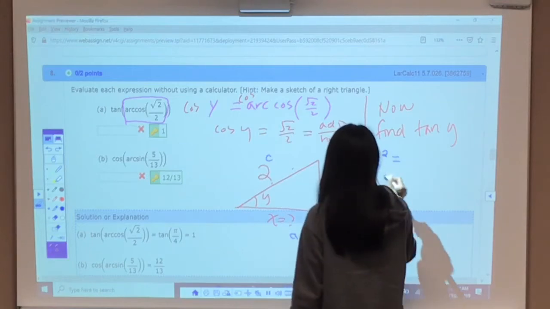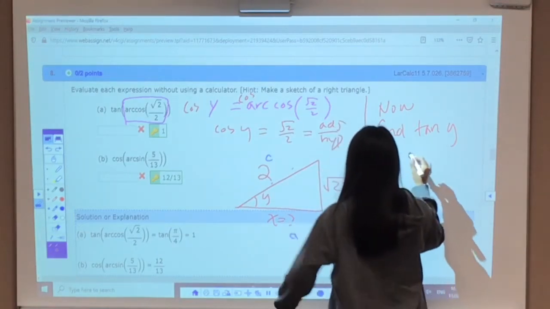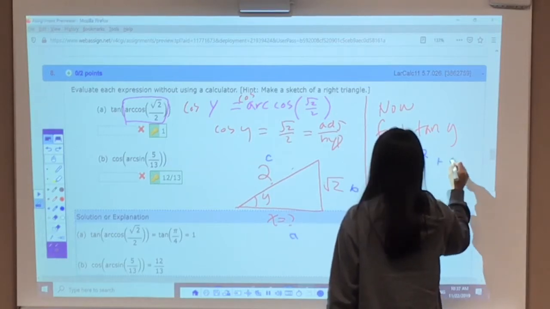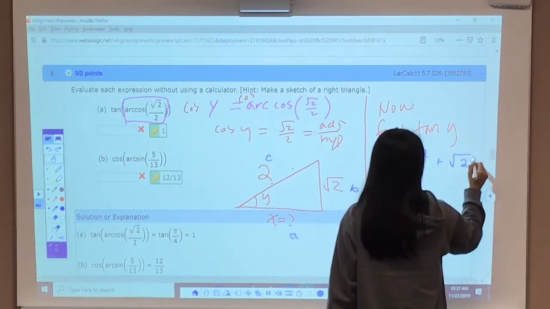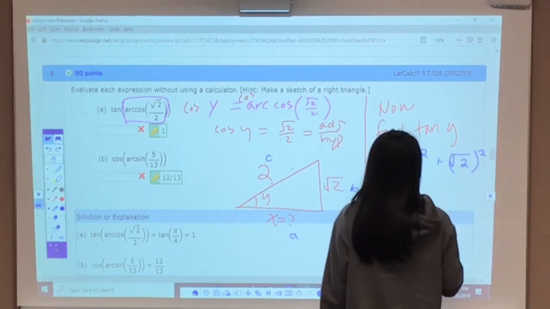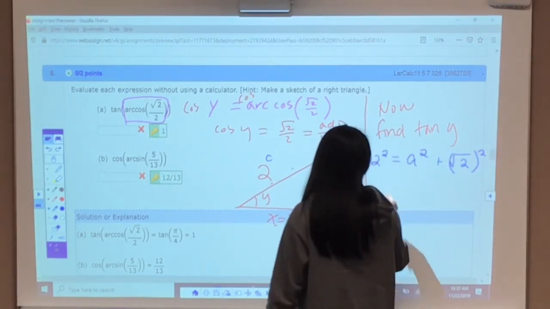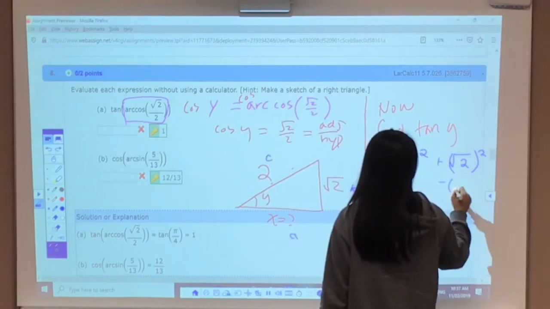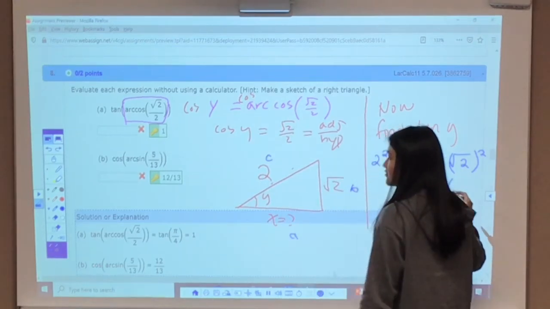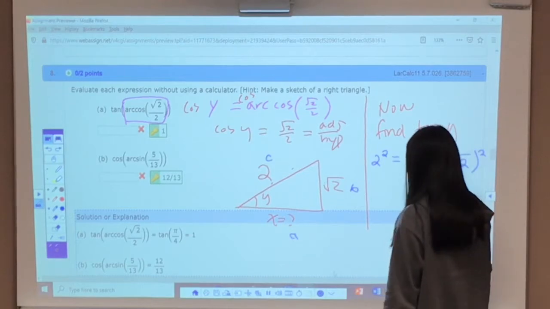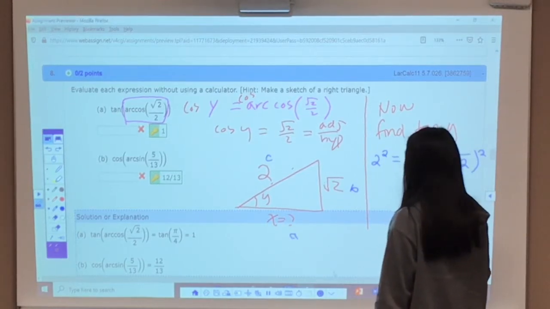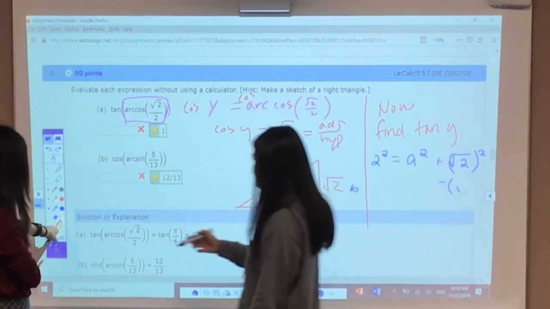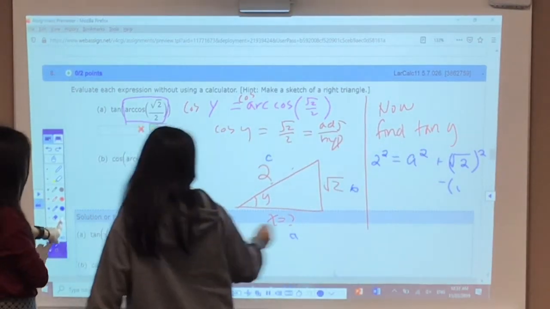You got it. Put A squared, to the X. Yeah, A squared. Yeah, good job. So minus this whole thing, what is that equal to? Okay.